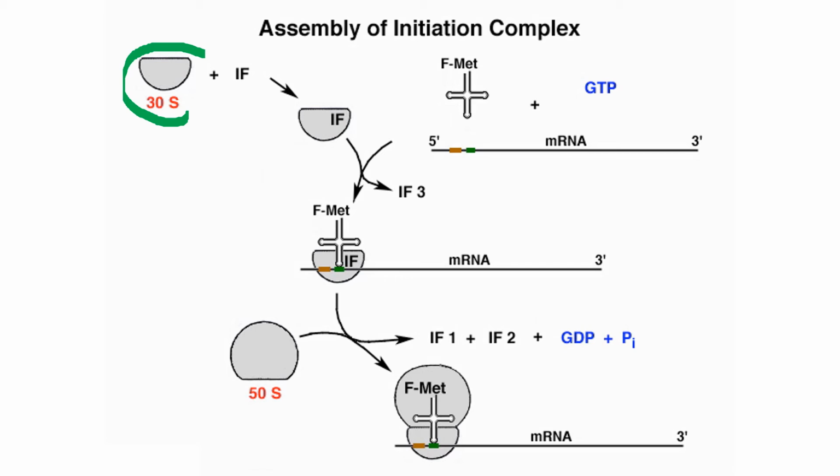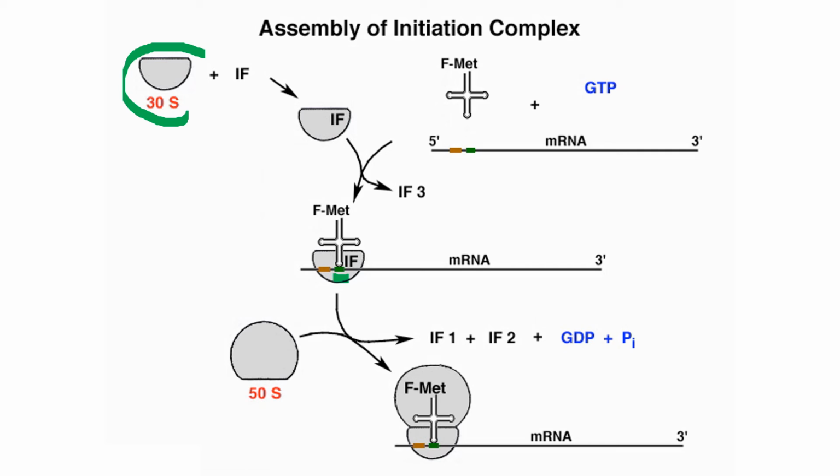And what that does is orient the f-Met tRNA on the first AUG codon, which is shown in green. And I failed to mention, once the 30S is formed into this initiation complex, IF3 is released.